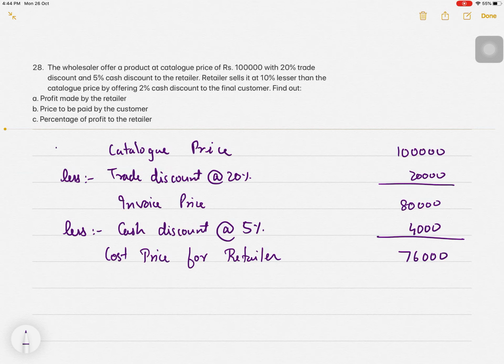Okay. Retailer sells it at 10% lesser than the catalog price by offering 2% cash discount to the final consumer.